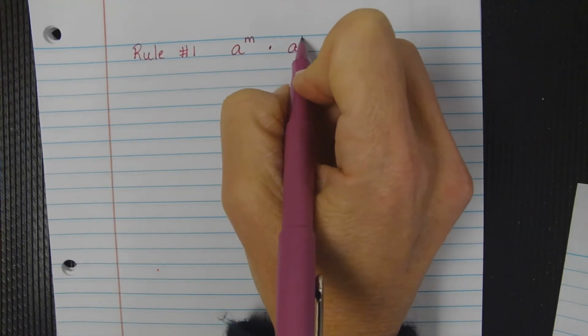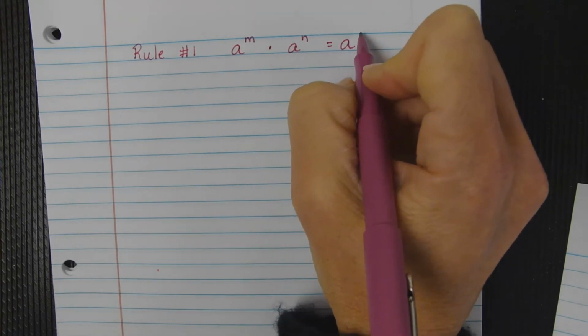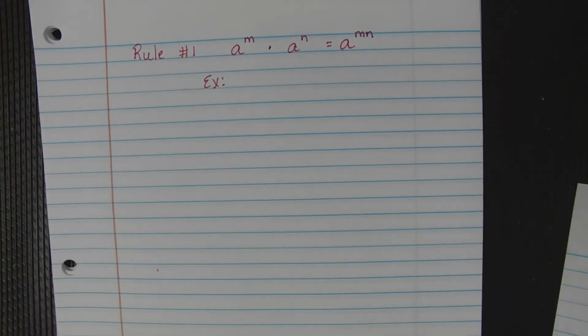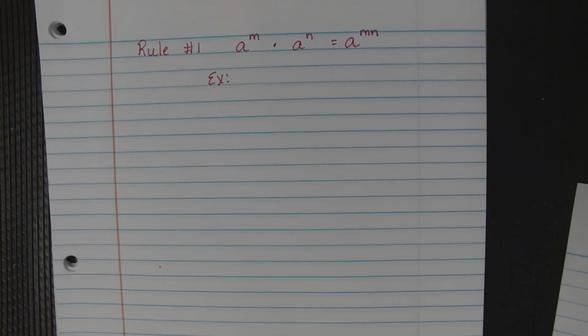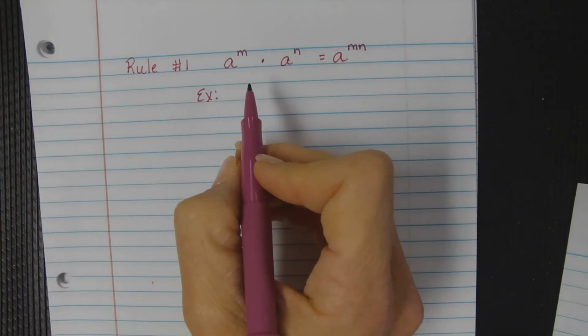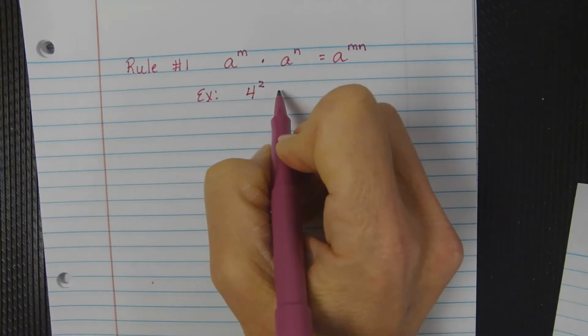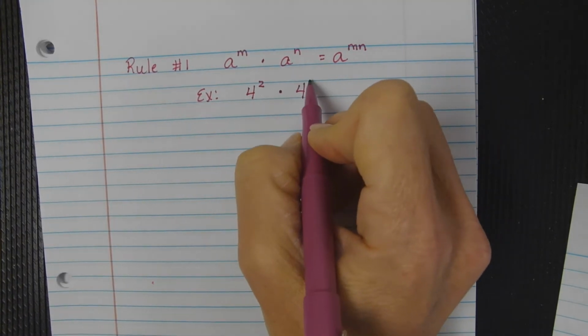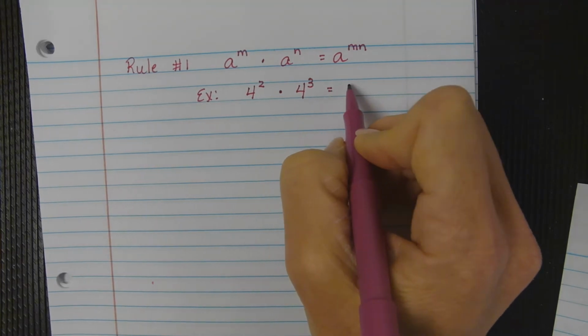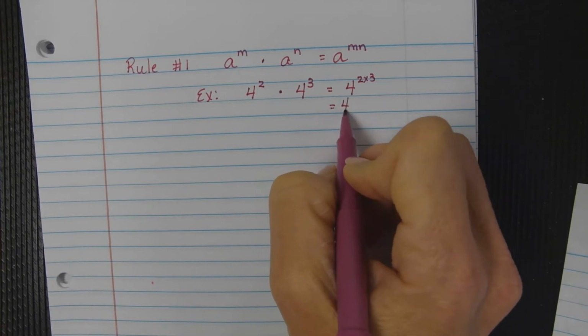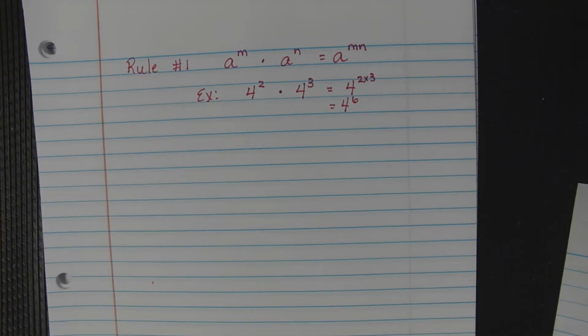A to the m power times a to the n equals a to the m plus n. Here's an example. Notice my bases are the same. 4 squared times 4 to the 3rd power equals 4 to the 2 plus 3, which is 4 to the 5th.